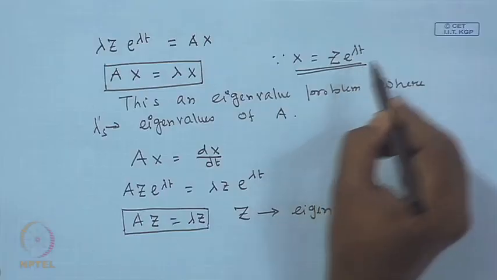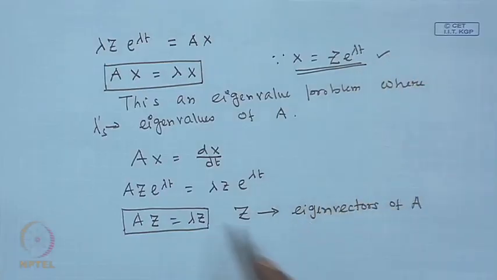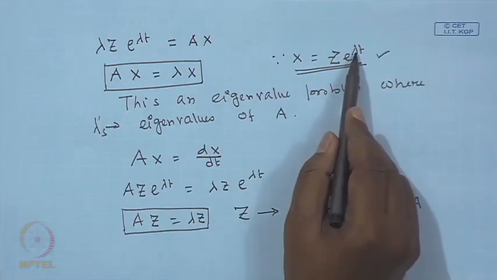If we now see what we have assumed, the form of the solution x is equal to z e to the power lambda t. By doing this algebraic manipulation, we have identified what these lambdas are.